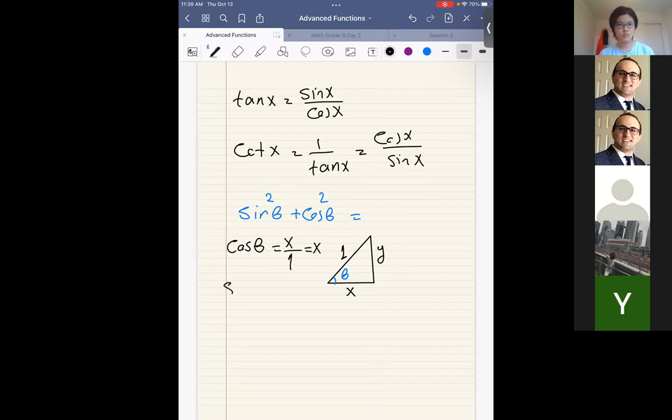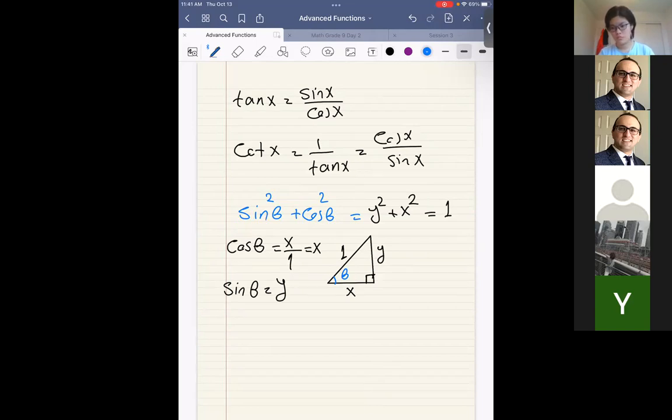How about sine? Sine is y over 1, equal to y. So sine square plus cos square is just y square plus x square, which is equal to what? Look at this picture. 1. Exactly.